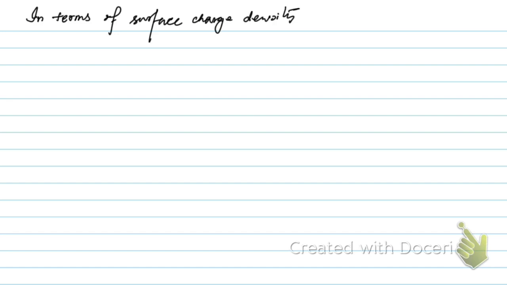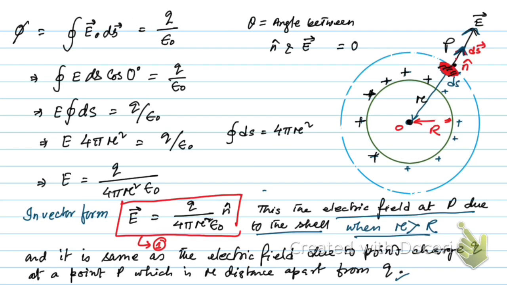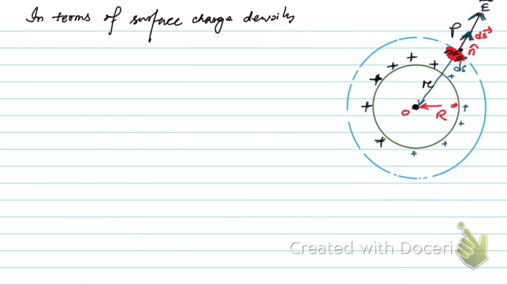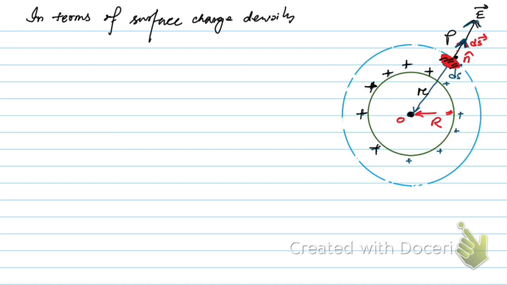So now in terms of surface charge density. If you see the diagram, just wait, let me copy the diagram. Take the screenshot. Okay, so here you see this is the diagram. Here we have Q amount of charge distributed over the surface of the cell, right?